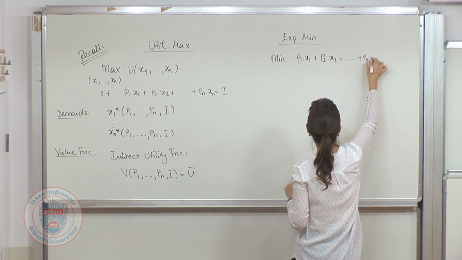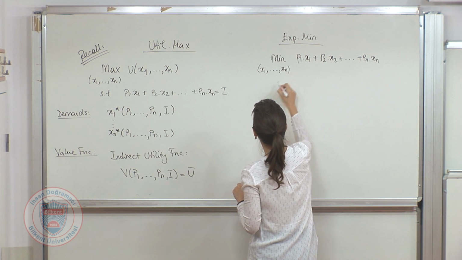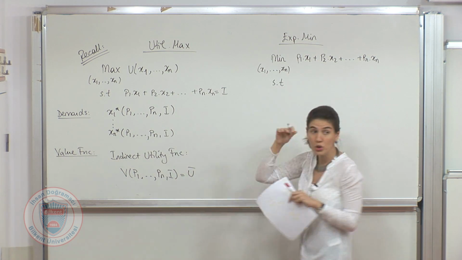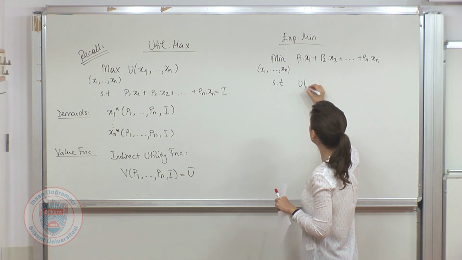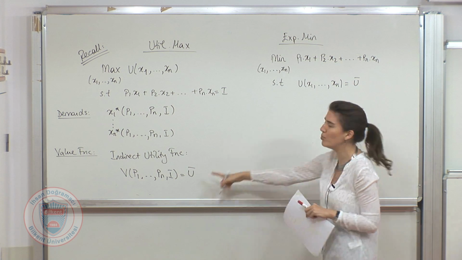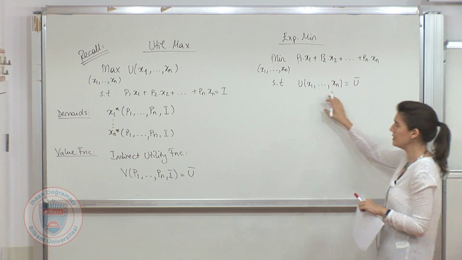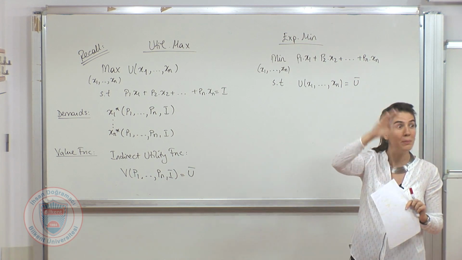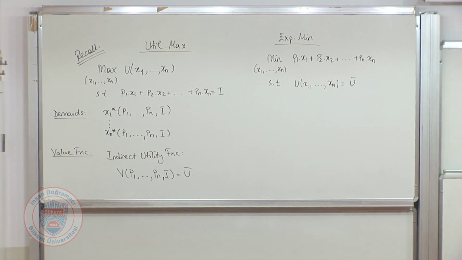Subject to the constraint, we keep the utility level of the consumer the same: U of x1 through xn equals U bar. Suppose the maximal utility level was U bar, so I want to keep that constant. I want to figure out the minimal amount of money I should spend in order to reach that U bar level.